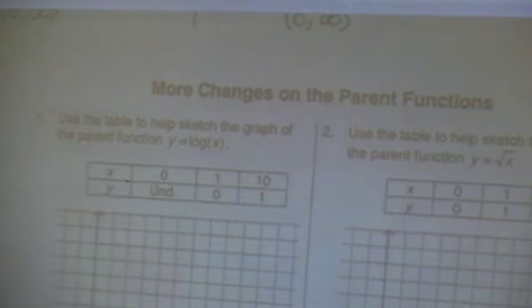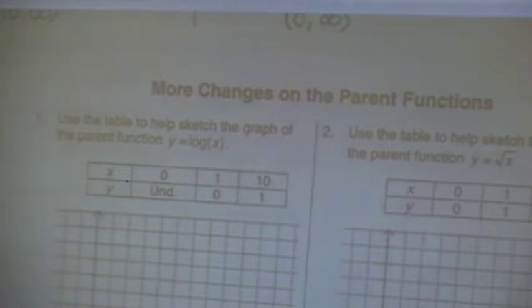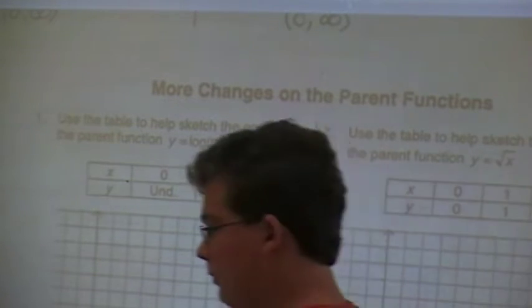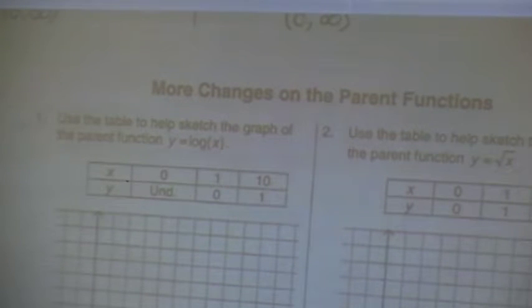Did nothing cancel? No, not really. Nothing canceled at all. Just the X. The only thing that was closest was this, but I don't think.